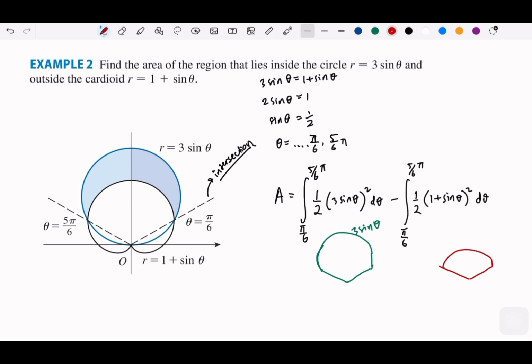This is 1 plus sine theta. So we are going to subtract this green area from this red area. So we get this shaded region here. Okay, now it's clear, right? What happened with this whole one?